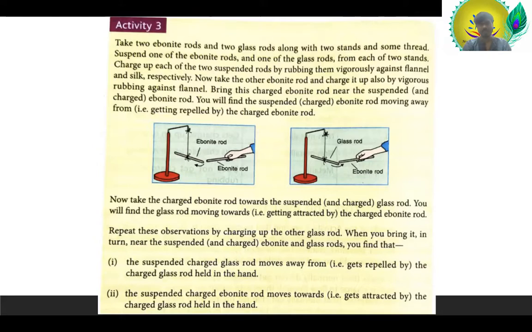You must read it. Take 2 ebonite rods. Ebonite is some sort of rod. I should actually show you.